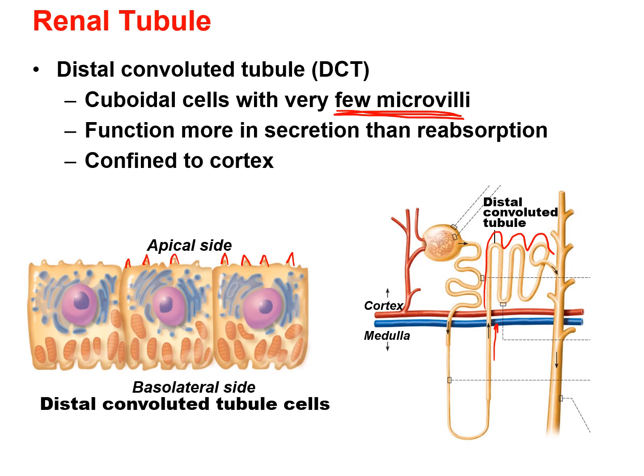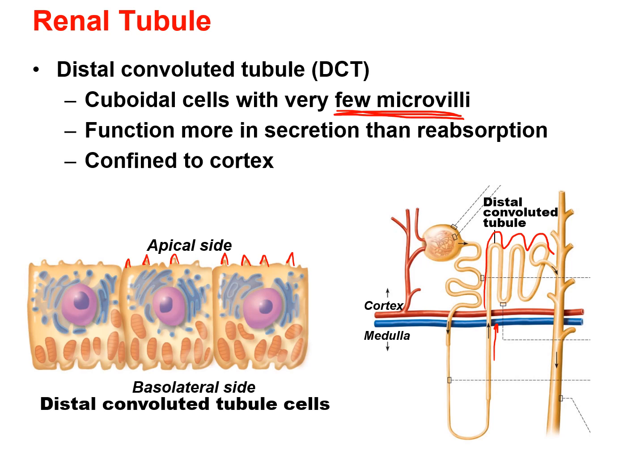So this makes sense if you look at the function. The function of the distal convoluted tubule is going to be more involved with secretion, so secreting things into the filtrate so that it is removed from the body as urine, and it's not really involved in reabsorbing good stuff from the filtrate back to the blood. That's going to be really the job of your proximal convoluted tubule.